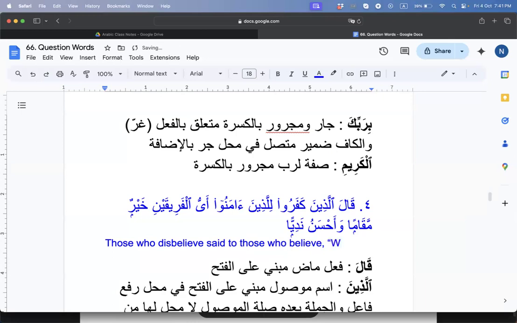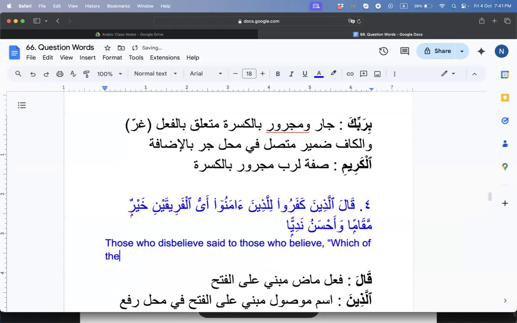Which one? Yes, correct. Which of the two parties is better in terms of place? Maqam? No, in position. Status, maybe position. Yes, status.